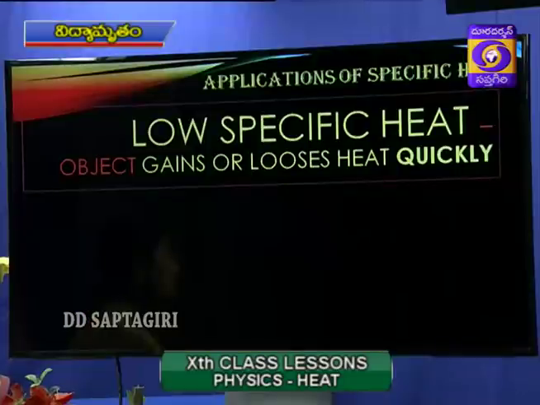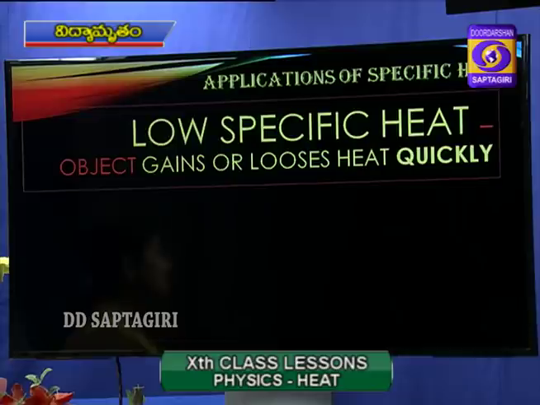Just before giving the information about the applications of specific heat, I want to give you two important points, because even if you do not know the answer, you can just use these two sentences. Low specific heat objects gain or lose heat quickly. Just note down this point.